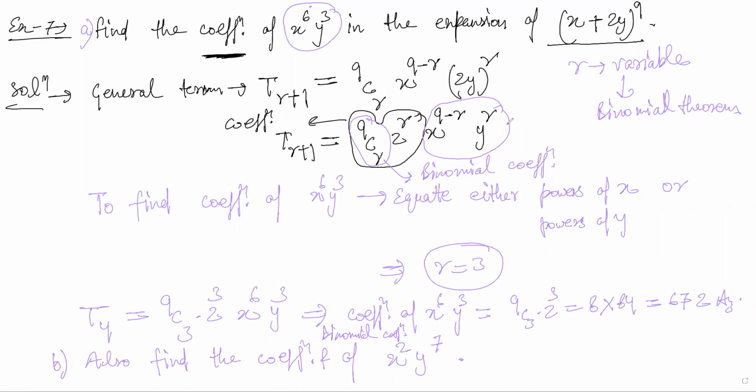This is the general term, right? Yes, sir. And you have to compare it with this. So either 9 minus r should be equal to 2 or r should be equal to 7. Equate the power of x or y, equate the power of y. Yeah, so you will get r = 7.